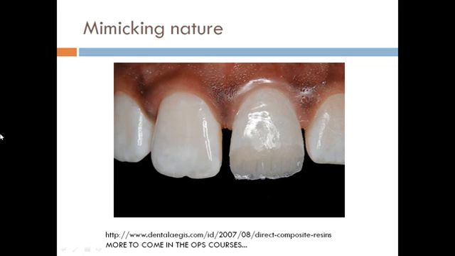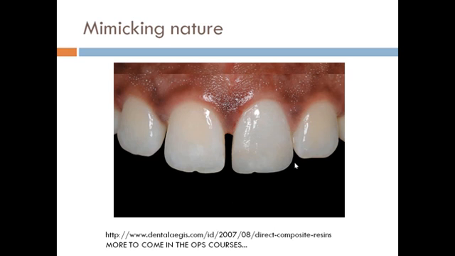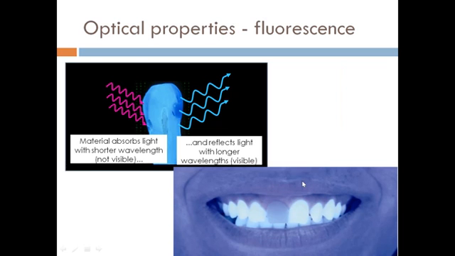Then you add these mamelons here, that you probably learned about in dental anatomy, with a more opaque dentin-like shade. And then you fill the rest of it up with an enamel. There's an art that goes into this, and you will learn it. But you can see that the dentist even characterized a small chip that was on the other side, so that the tooth looks really natural. I mean, you can be really talented with this.